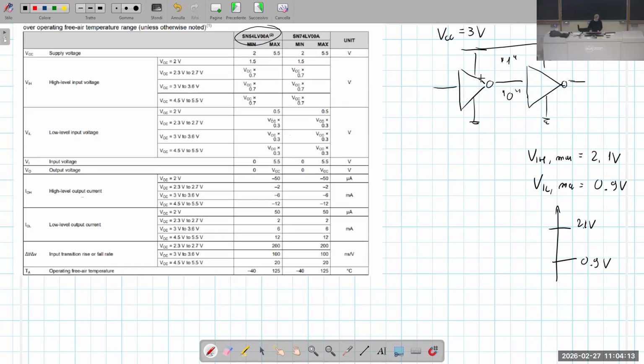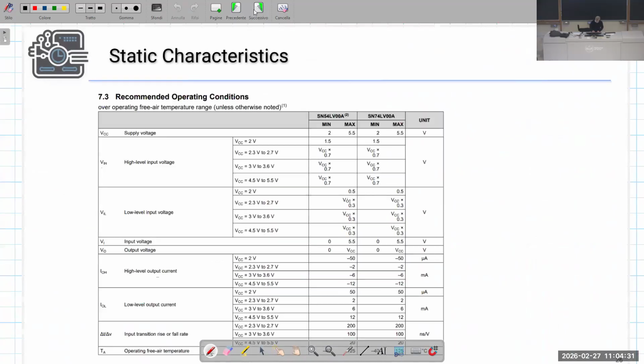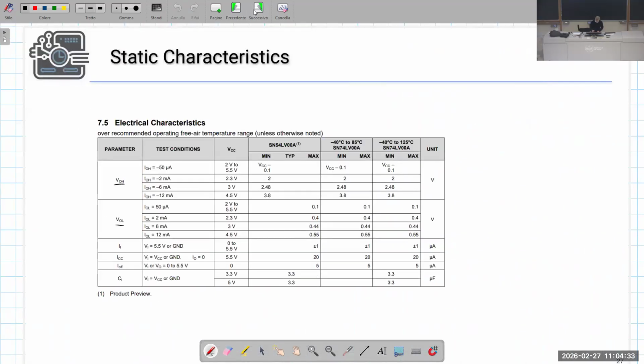Okay? Now we have to check which are the characteristics of the output which drives this input of the transmitter. What should we check? Well, we should go to the characteristics of the transmitter that is given here. We have that the supply voltage is 3 volt.